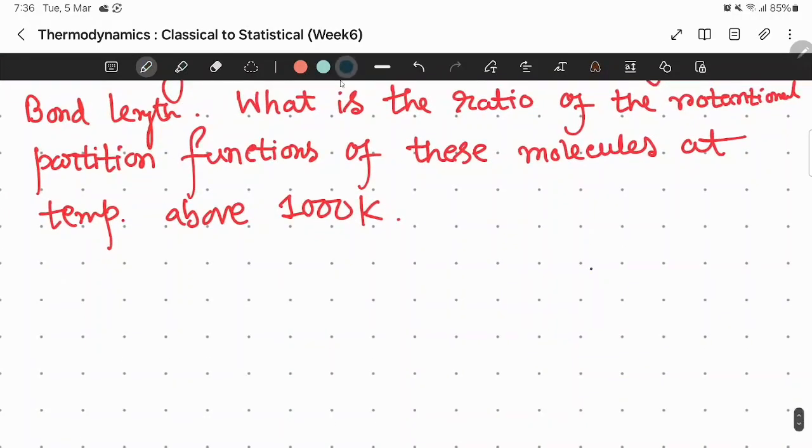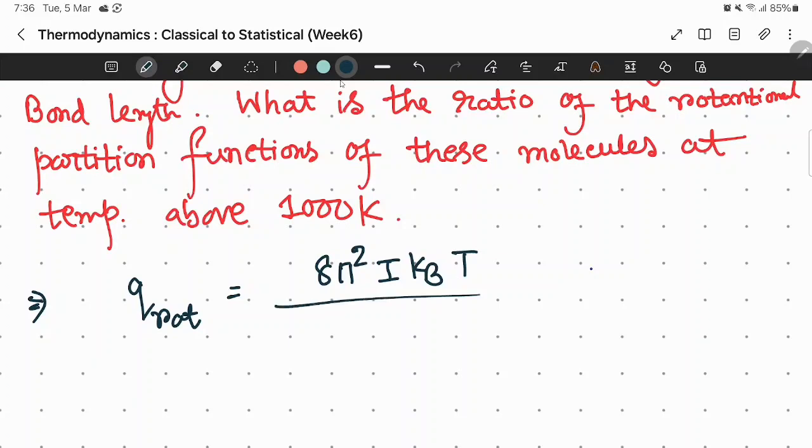So what is the expression of rotational partition function? 8 pi square I kBT divided by sigma h square.